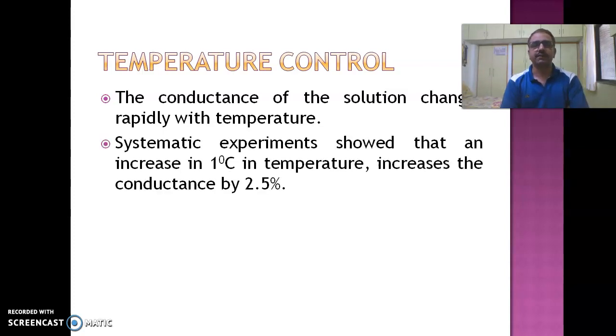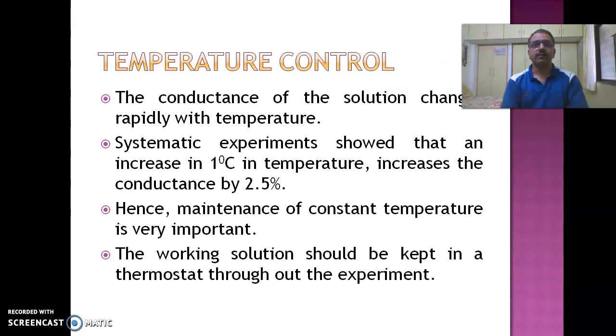Systematic experiments done by scientists show that an increase of 1 degree Celsius in the temperature of an electrolyte increases the conductance value by 2.5%. And therefore, proper maintenance of constant temperature is very important during the experiments. Therefore, the working solution should be kept in a thermostat throughout the experiment.